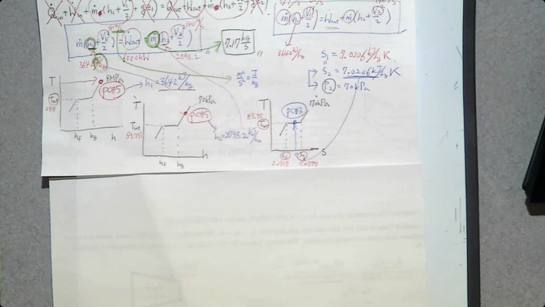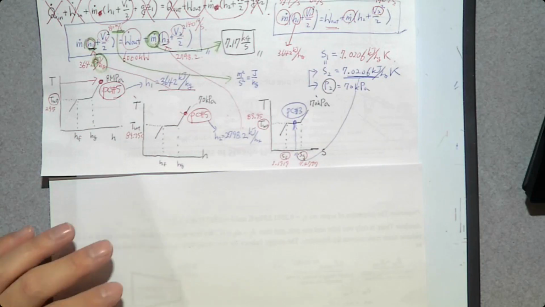Okay, now we know it is a saturated mixture. Can we determine H? Not yet. If you have a saturated mixture, there's one more thermodynamic property that you need to calculate. What is that? Quality X, the ratio between liquid and vapor in the mixture.